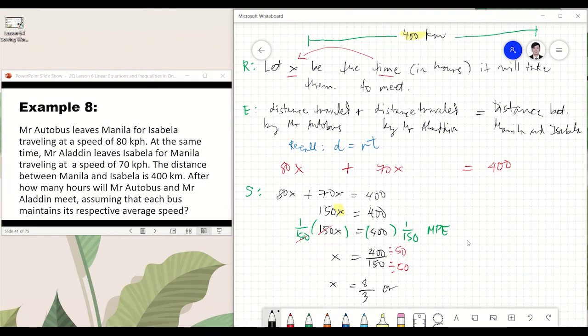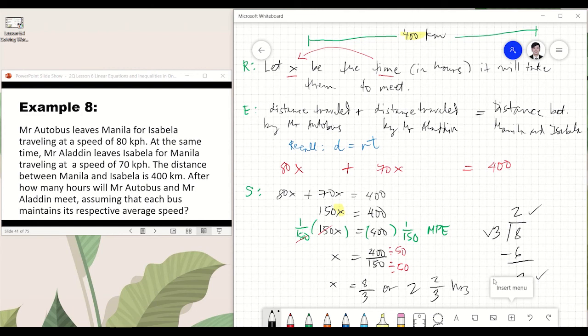'Di ba? Ang hirap intindihin pag sinabi natin 8/3 hours. So, hindi natin siya masyadong gets. So, yung gagawin natin, convert natin siya into mixed number. In which, kung i-follow nyo yung process of changing it into mixed number, makakakuha tayo ng 2, 2 times 3, 6, and once you subtract 8 minus 6, you'll get a 2. So, meaning, 2 and 2/3. So, ito yung sagot natin.